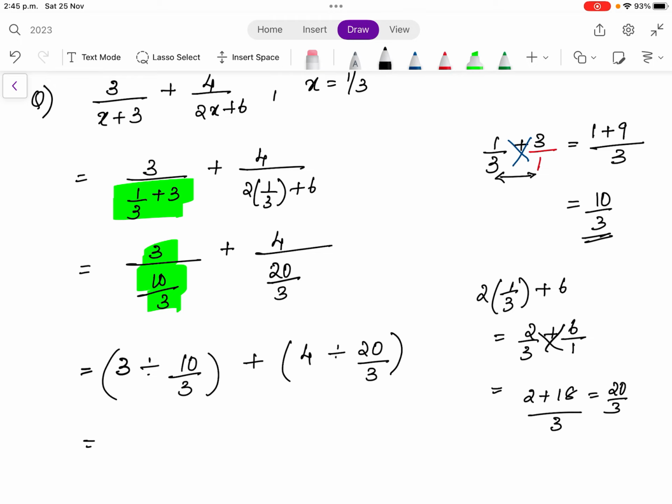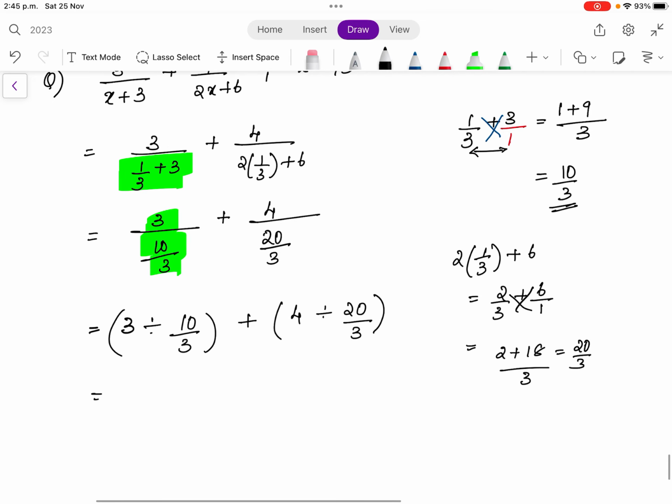Now with the rules of division, you multiply it with the reciprocal. Reciprocal means turning the fraction upside down. So this will become 3 over 3 by 10 plus 4 times 3 over 20. Okay. Now I'm putting brackets so that I understand this is a single bunch.